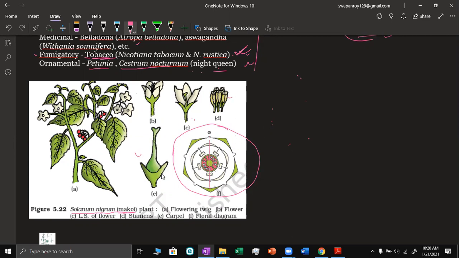This is the gynoecium with calyx attached, and here is the floral diagram. In the floral diagram, you can see at the top there is a dot or a plus sign. This is known as the mother axis.